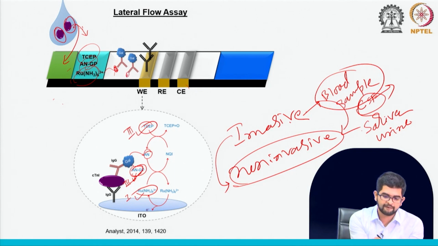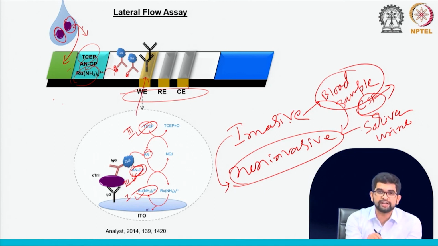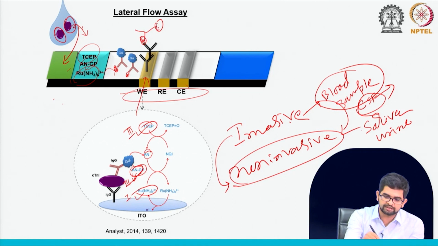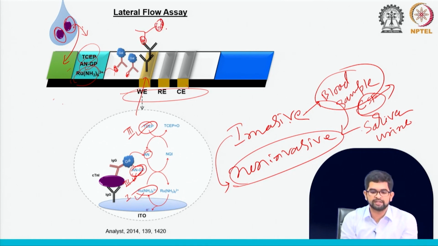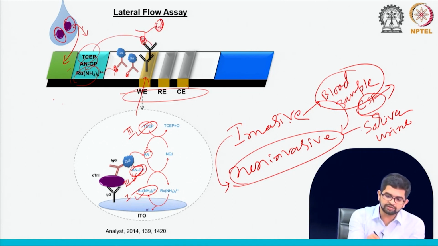Then it will come to your detection region, where you have the working electrode, where the primary antibody is already coated. So then your target will bind, the secondary antibody will bind, that is galactose will bind, and this chemical also will come here.